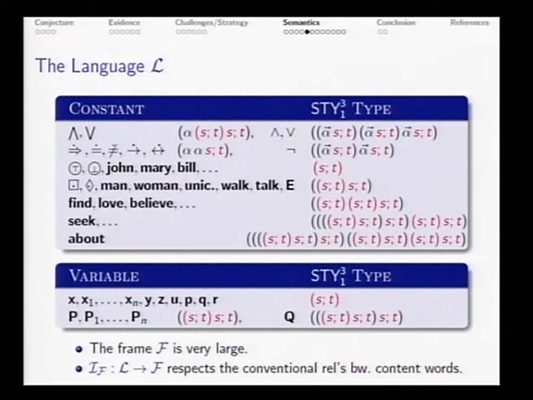We assume certain conventions for variables and make the usual assumptions with respect to the size of the designated frame and the designated interpretation function.